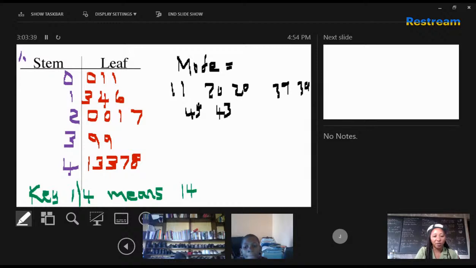So each of these numbers is the mode because we all have them two times and the other numbers only once. So bear that in mind. They can have one mode, two modes, three modes, four modes, any number of modes, once they occur the same number of times and it's more than the other numbers. So what would be the median?